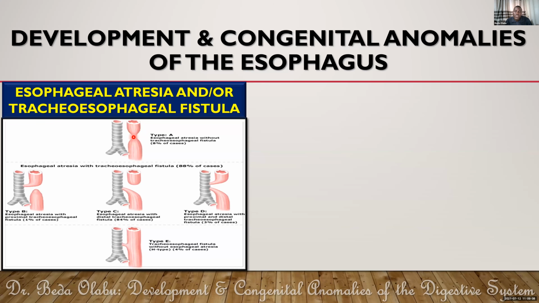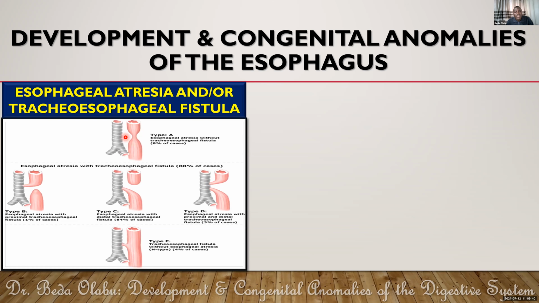This lack of tubular lumen continuity is what we are calling atresia. So type A TOF, TOF for tracheoesophageal fistula, is esophageal atresia without tracheoesophageal fistula. That may sound ambiguous. We are saying it's TOF, but we are saying there's no fistula. But that's the ease that we want to put as we classify the TOFs.